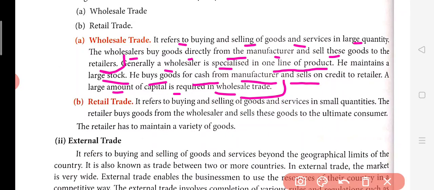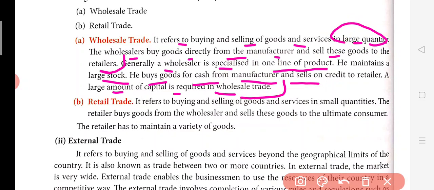He will purchase all such plastic goods from different manufacturers, but in a very large quantity. And these wholesalers pay the manufacturer in cash, so the manufacturer directly gets cash for their products and doesn't have to wait. This is the good thing about wholesale trade.